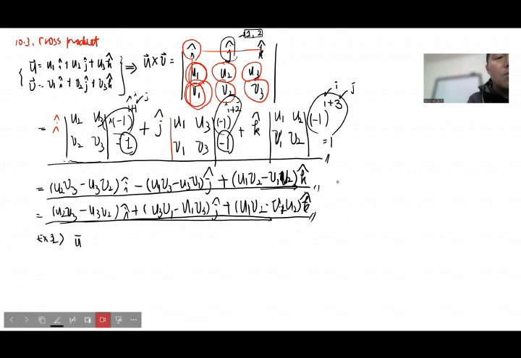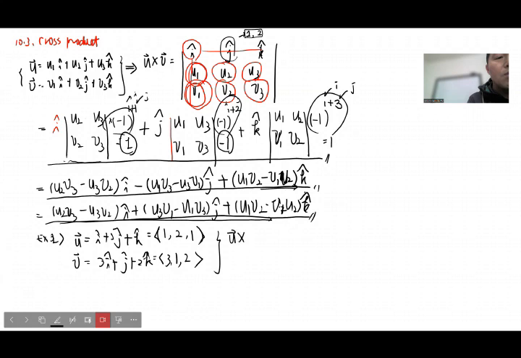The U vector is I plus 2J plus K, so the terminal point of this vector is 1, 2, 1, and V equals 3I plus J plus 2K. So the terminal point is 3, 1, 2. Now let's take a look at the U cross product V.